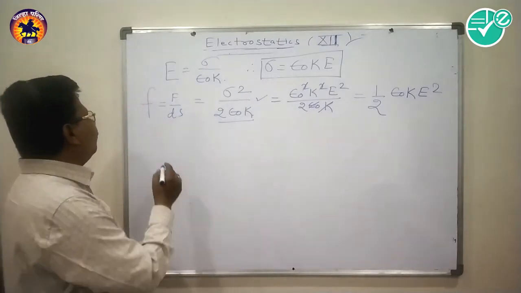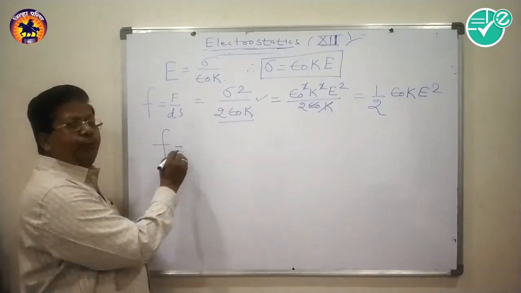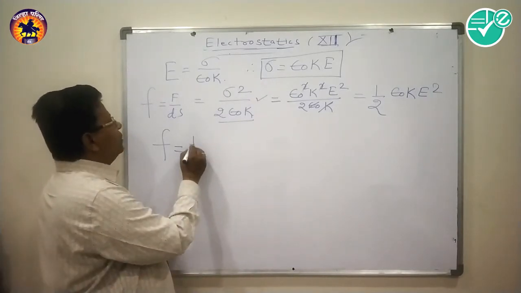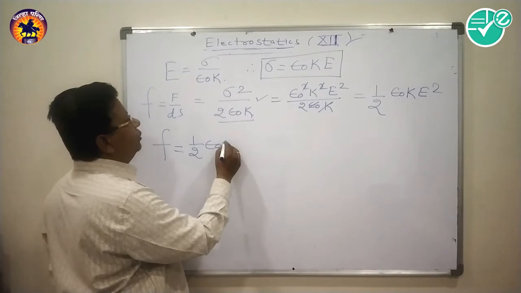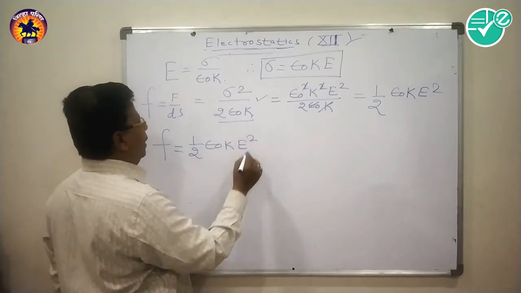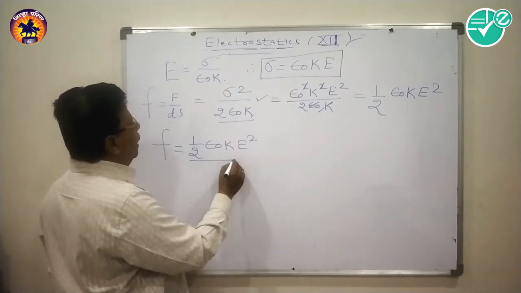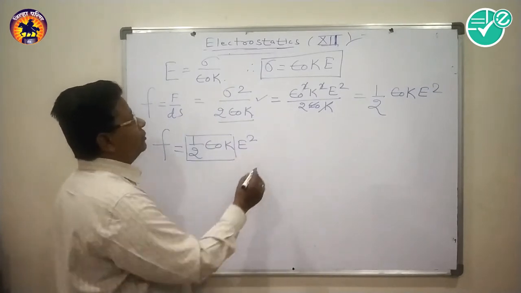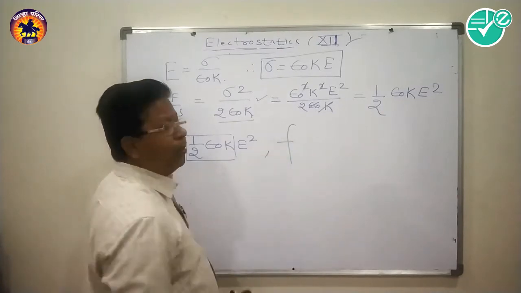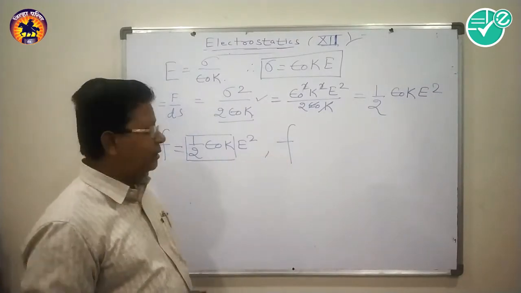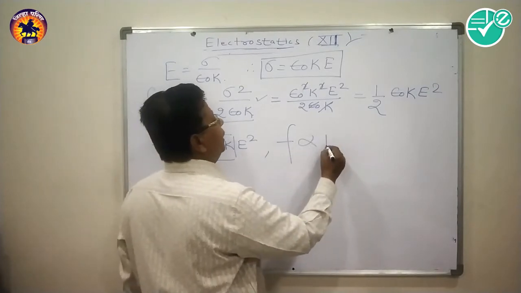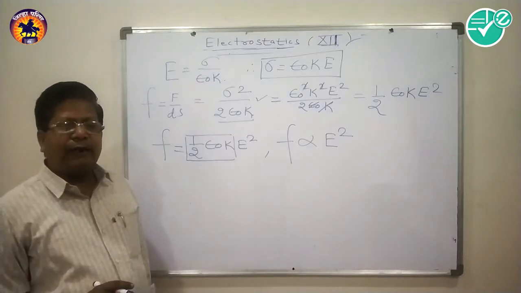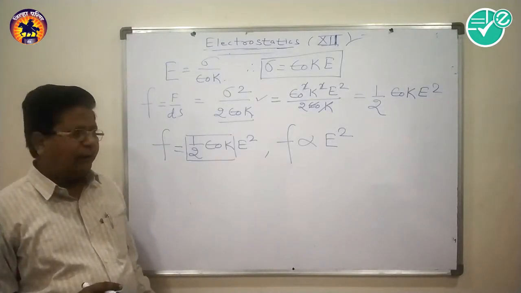So this is another form of mechanical force per unit area of a charged conductor, which is 1 by 2 epsilon 0 K into E square, and in this formula the term 1 by 2 epsilon 0 into K is constant, therefore mechanical force per unit area of a charged conductor is directly proportional to E square. So F is directly proportional to E square.